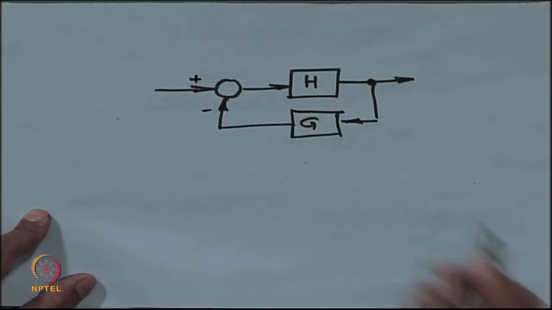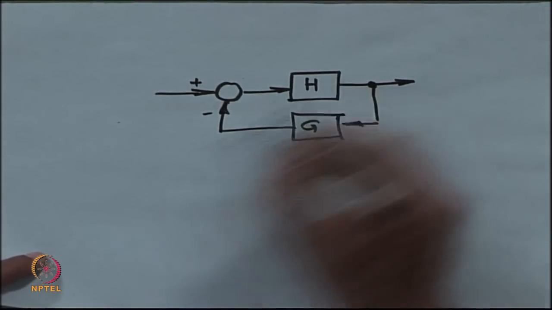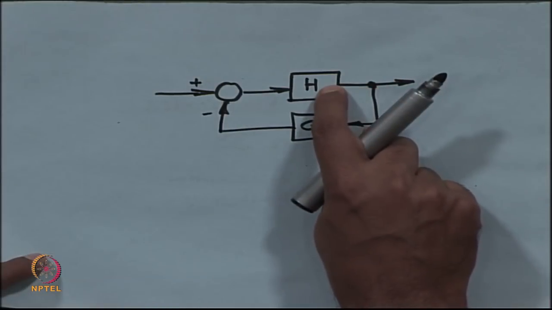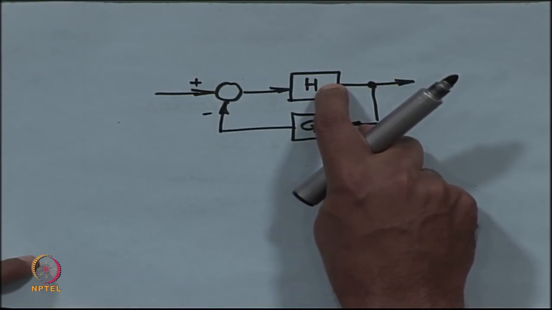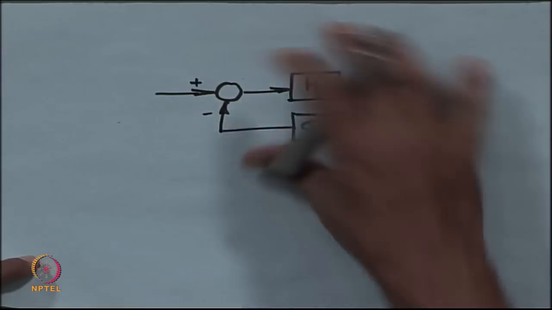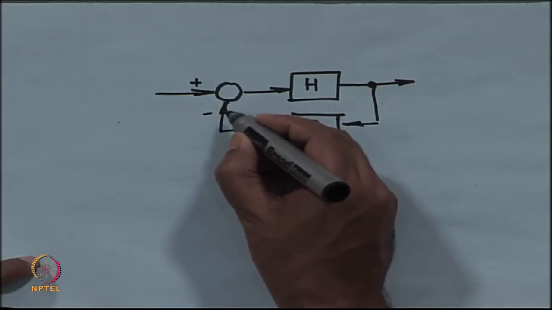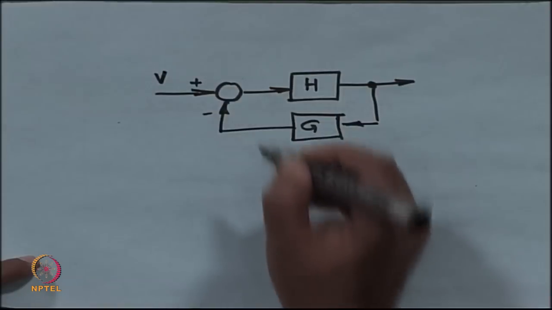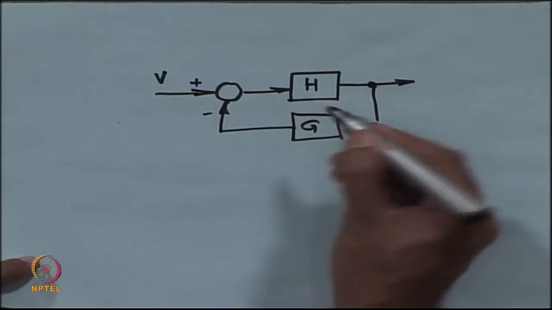This is what I am talking about. This G is what I am worried about. H is my op amp. H has super high gain, a gain which is close to infinity. Now, if I want this whole thing to work as an amplifier, how does it work? If this is an input V, then the error has to be 0 because H has gain of infinity.